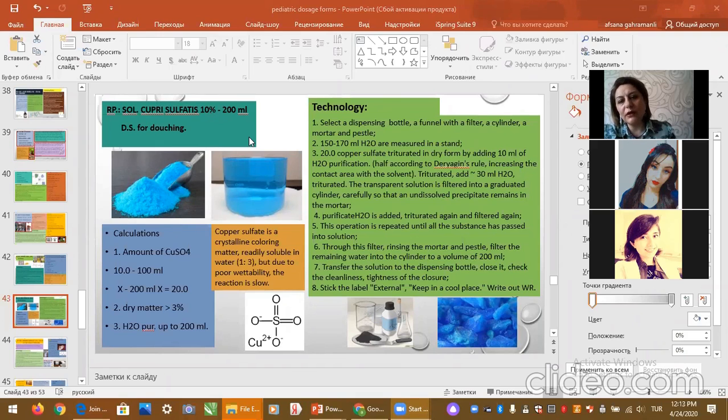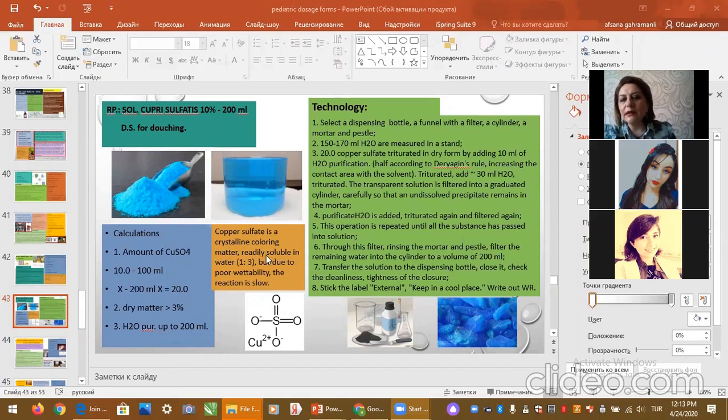For 200 milli, how many we must take, my dears? 20 or 2? Yes. Because if every 100 milli contain 10 gram, it means that 200 milli will contain 20 gram of cuprum sulfatus. Yes? And purified water add to 200 milli.